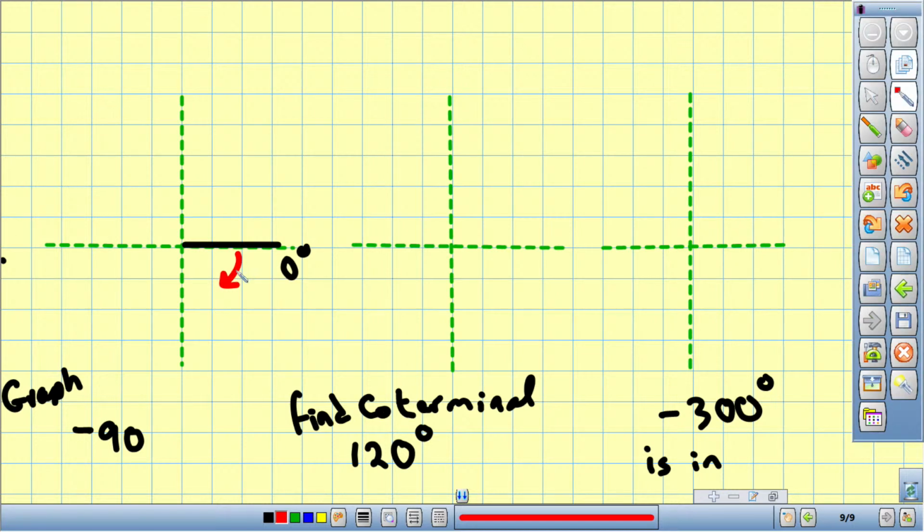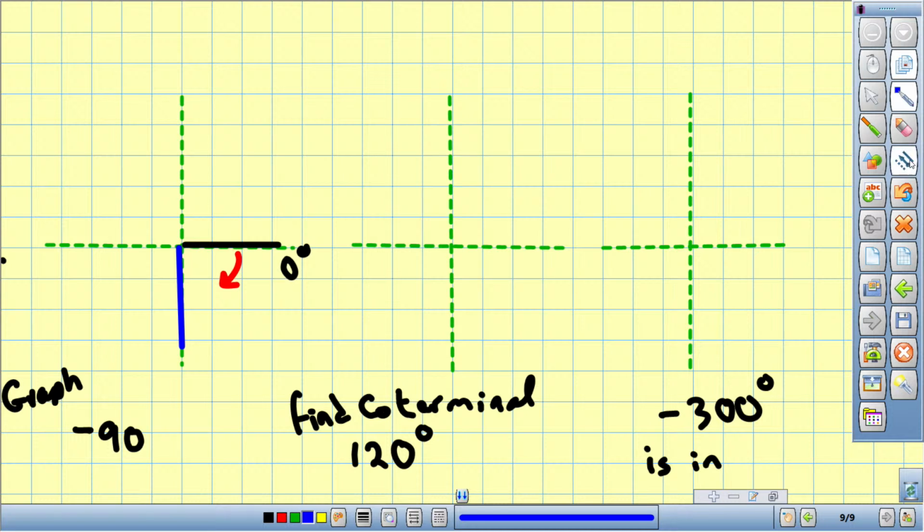You're actually exactly on top of the line itself. So your terminal side, remember the initial and terminal side, is going to be exactly here. That's going to be your terminal side, and that's going to be where the angle is. I've got negative 90 here.